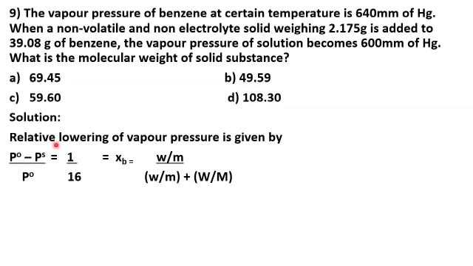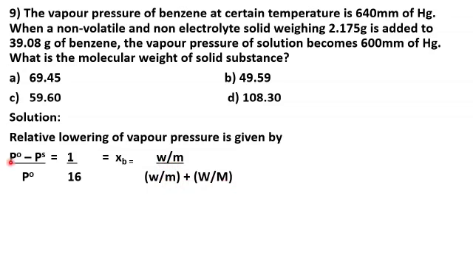So solution. We know that relative lowering of vapor pressure is given by (P0 minus Ps) divided by P0 is equal to Xb, which is also equal to (w by m) divided by (w by m plus W by M).